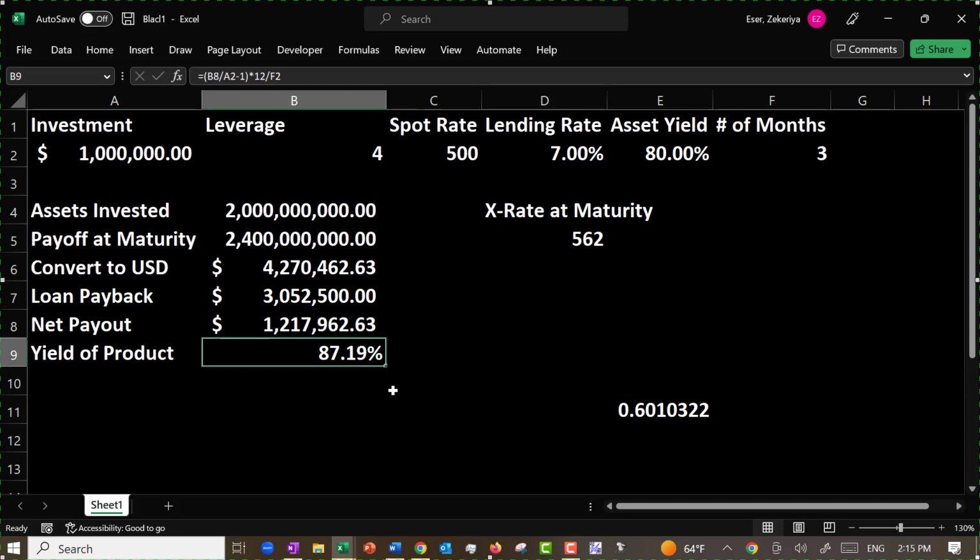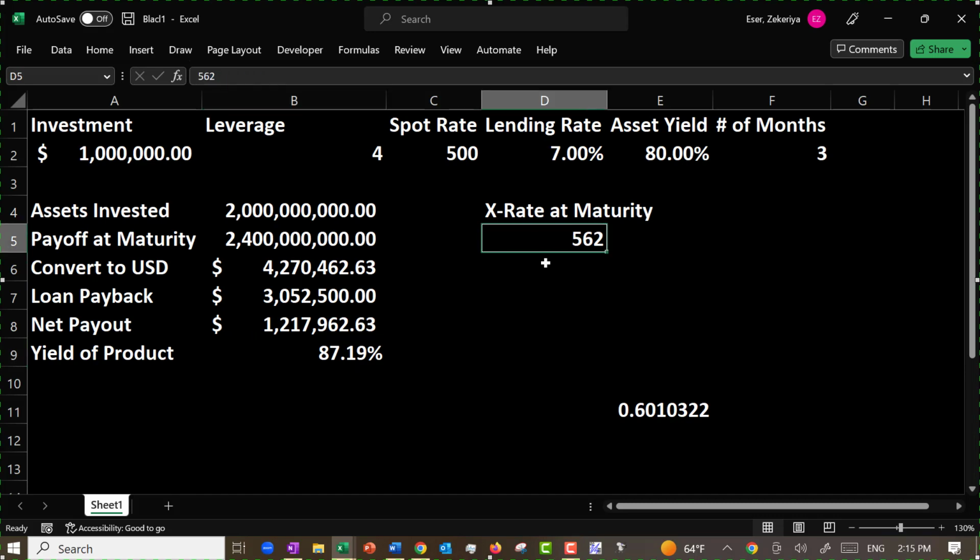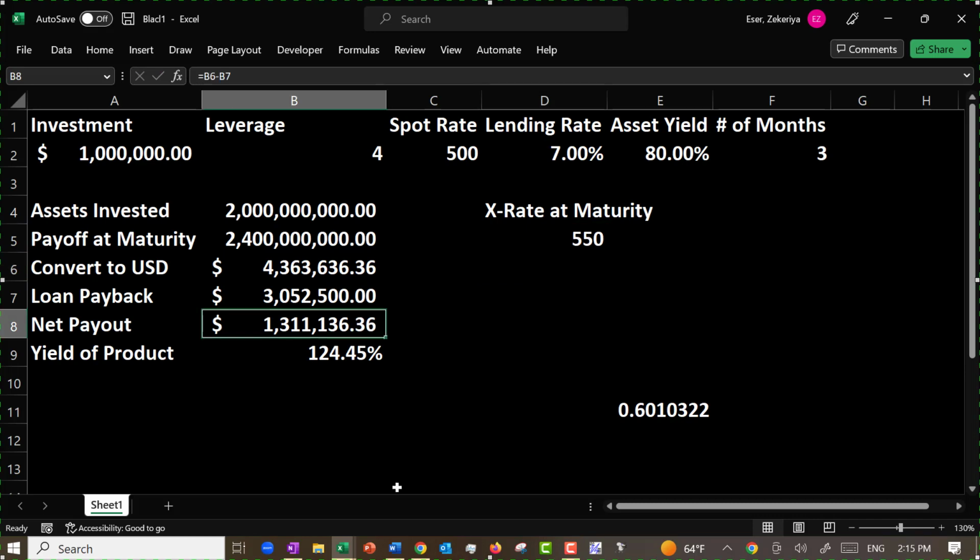So net payout is going to be 1.218 or so. But if the actual number is 550, instead of paying 1.311, I'm still going to pay 1.217.